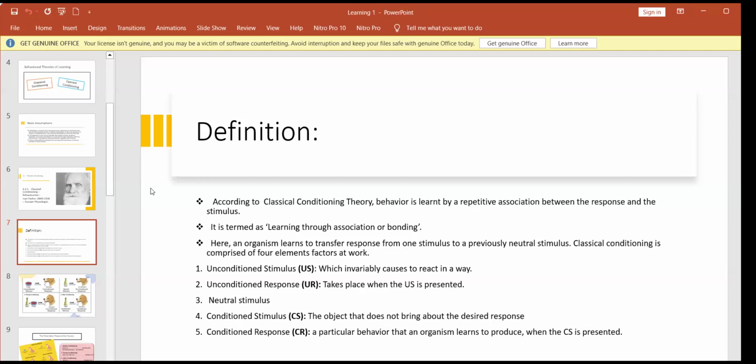He was actually experimenting on the salivation process. So when the dogs were given food, what do you think of the amount of saliva? More or less?